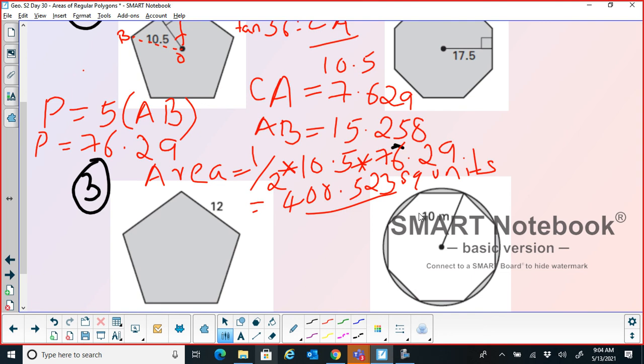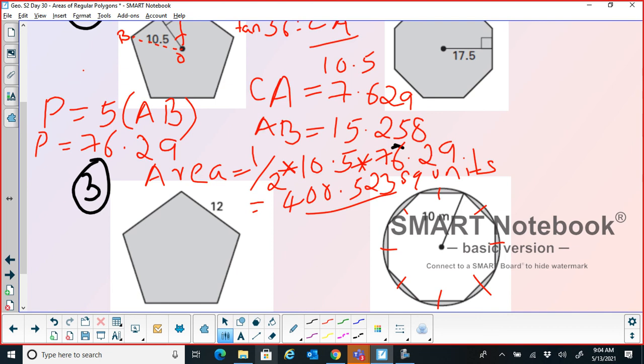Okay, on problem 4, let me see how many sides I have. 1, 2, 3, 4, 5, 6, 7, 8. There are 8 sides. I need the apothem and I need each of these sides, but they have given us the radius.